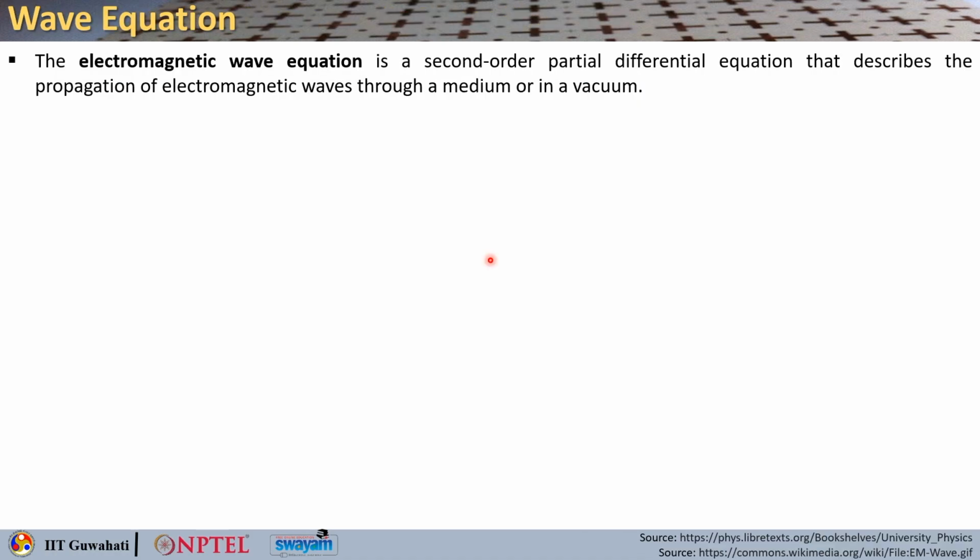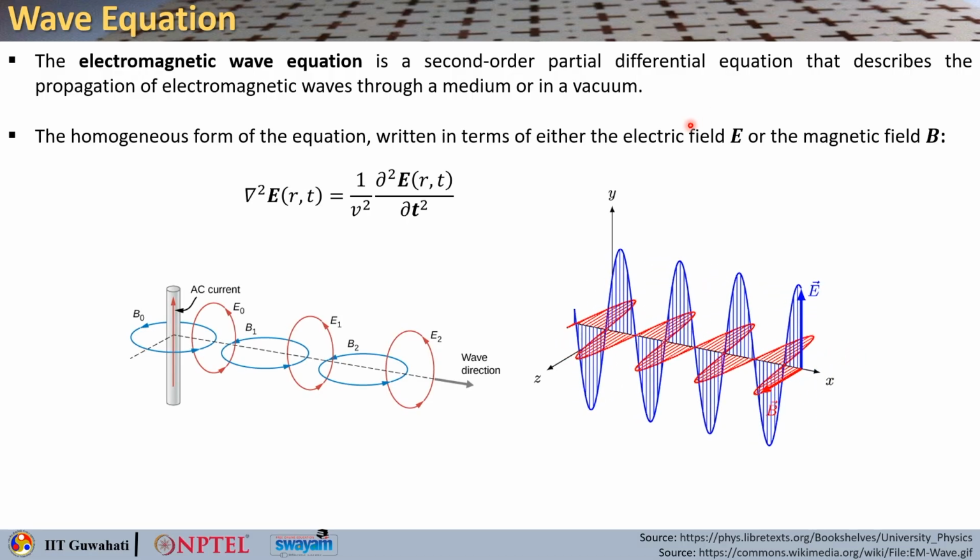With that, as we know how to determine the electric and magnetic fields in electrodynamics, we now want to determine how these fields will propagate through a region, and this can be described by the electromagnetic wave equation, which is a second order partial derivative equation that describes the propagation of an EM wave, or electromagnetic wave, through a medium or in vacuum.